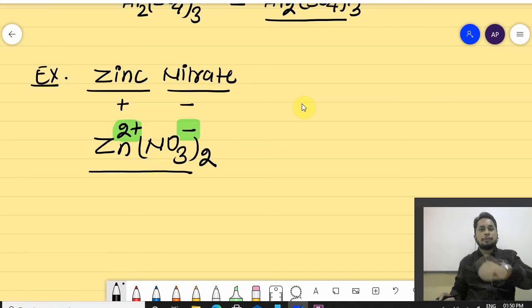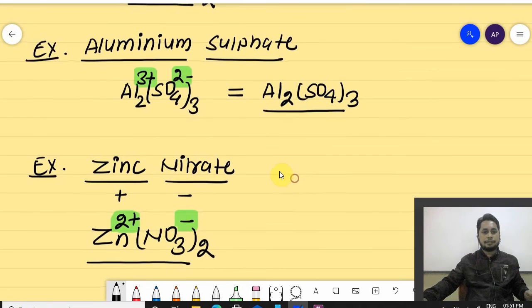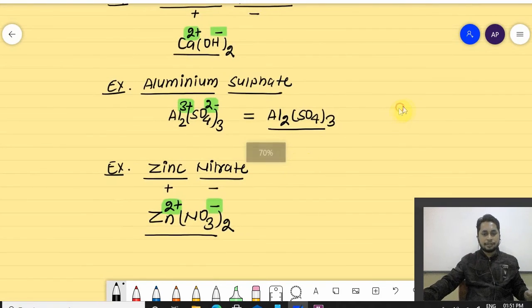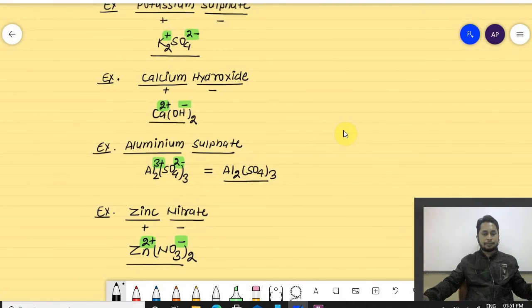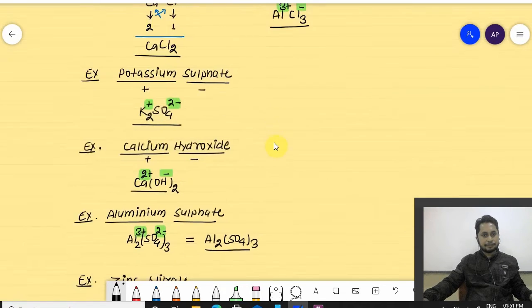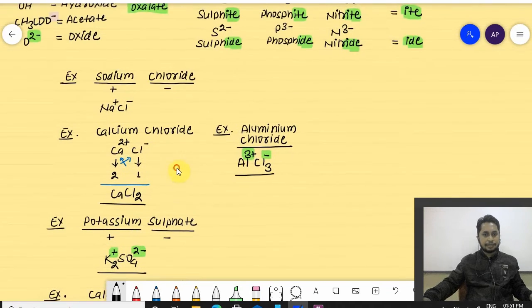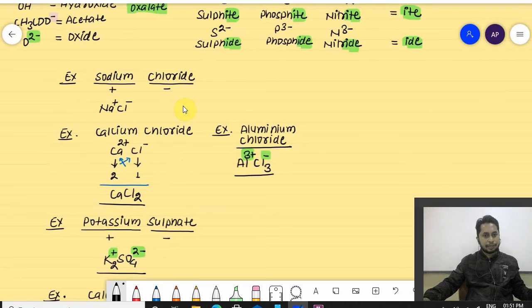So we need not remember the molecular formula of each compound. We can make the molecular formula of a compound using some important cations and anions. I hope you understand how to write the molecular formula of different compounds like calcium hydroxide, aluminium sulfate, zinc nitrate, potassium sulfate, calcium chloride, aluminium chloride, sodium chloride.